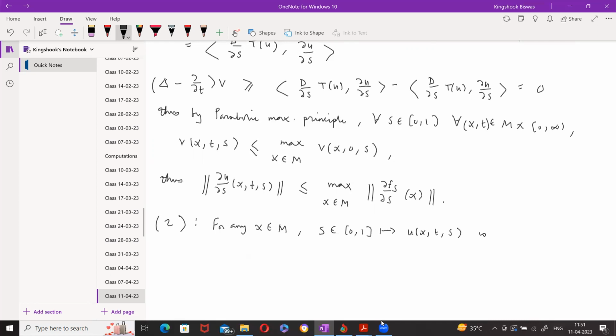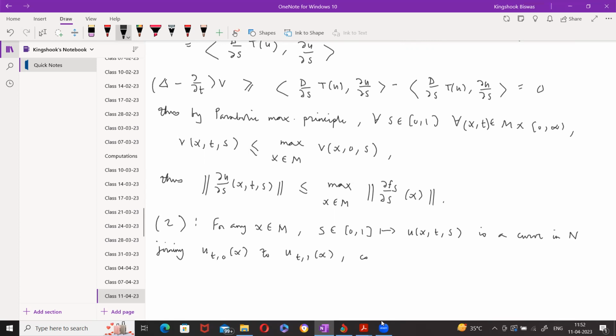This is a curve in N joining u_{t0}(x) to u_{t1}(x).